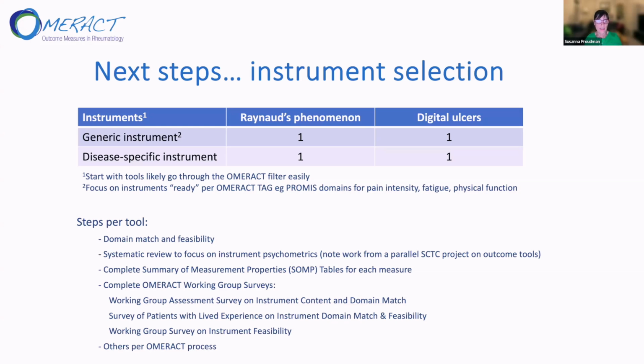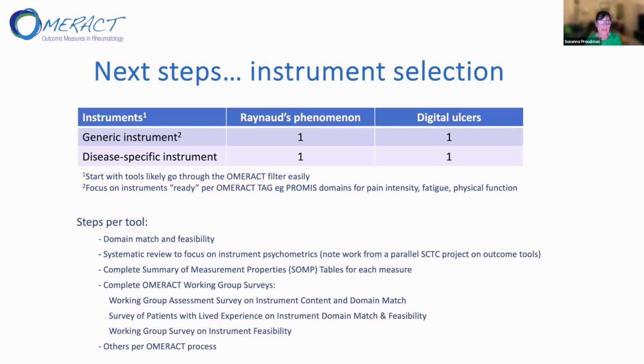And of course, there's a standard process, which Shauna outlined, beautifully spelt out with a range of resources and forms to complete on the website. They more or less follow the process of domain match and feasibility, going to the literature, as I mentioned already, in order to complete the summary of measurement properties tables for each measure. But it also involves some surveys to look at the domain match and feasibility, both amongst the working group and patients.